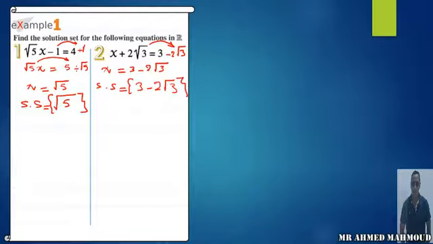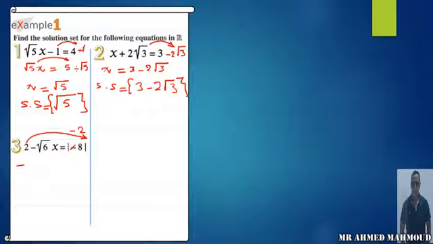I think it's very easy. Number 3. Here we have 2 minus root 6 x plus absolute negative 8. The absolute value cancels the negative sign, so it will be 8. Then I'm going to send it to the other side as minus 2, so it will be 8 minus 2.